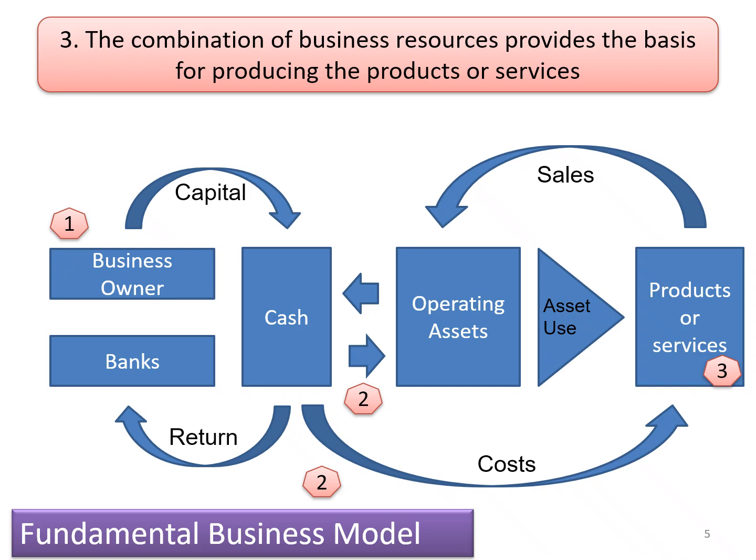We pay for expenses or different costs to help us provide services or to help us sell our products. Now, the combination of business resources, which is other operating assets aside from cash, provides the basis for producing products or services.